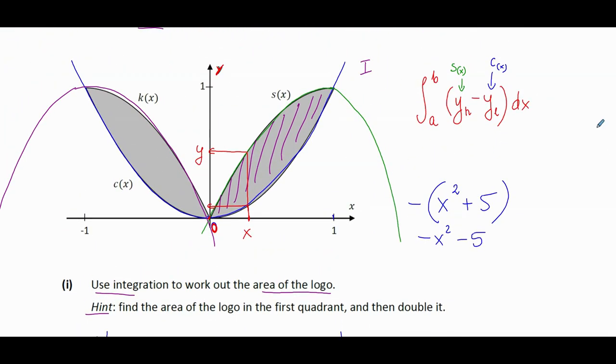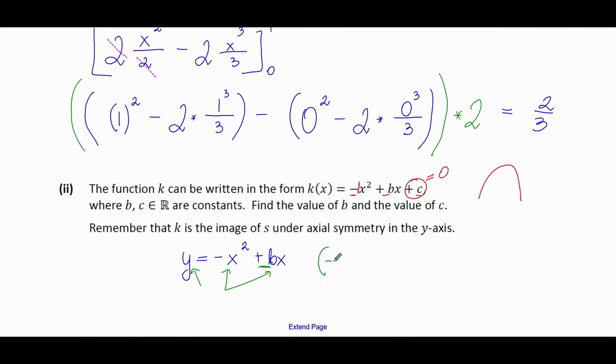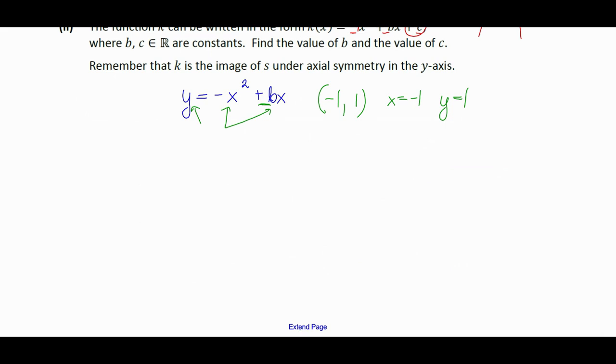Well, yes, we can. This point here has coordinates of what? -1 and 1. So we can use that. So the point is -1 and 1, therefore the value of x is -1, the value of y is 1. Now I can just replace it and solve it.